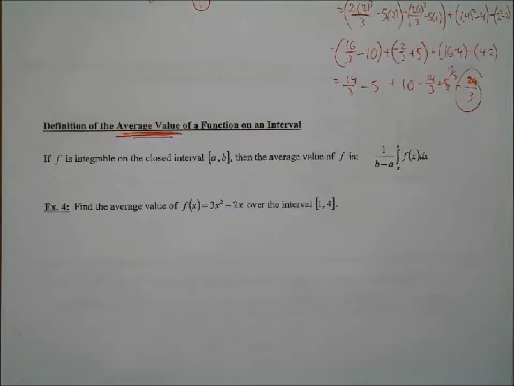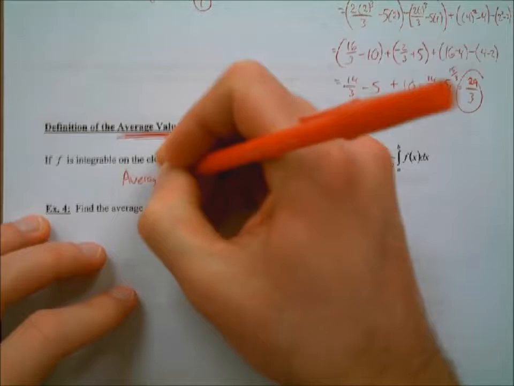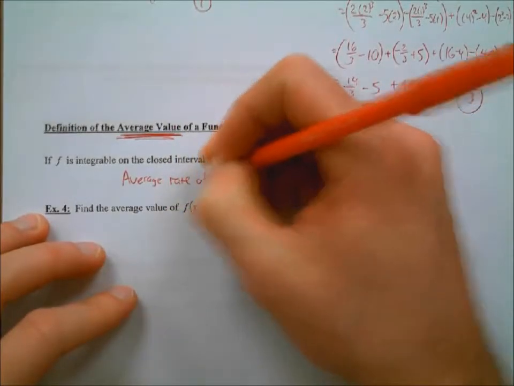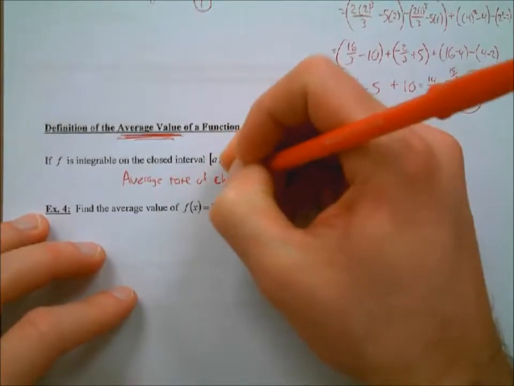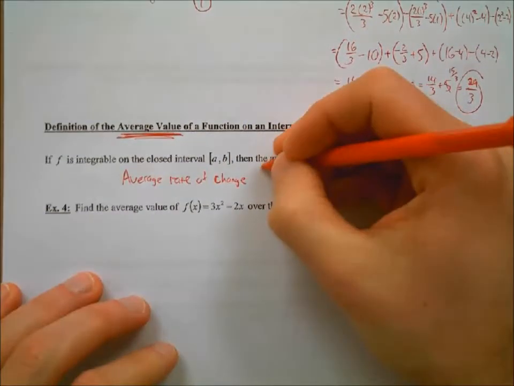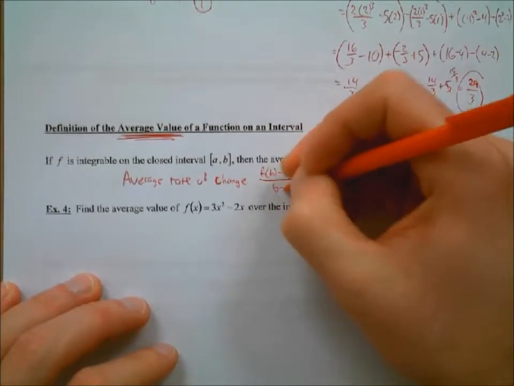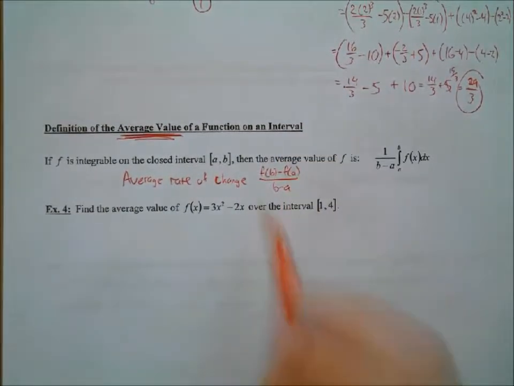Rate of change. Okay, so I'm going to write that here so we can compare. Average rate of change, if you remember, was f of b minus f of a over b minus a, the slope of the secant line. So the secant line.